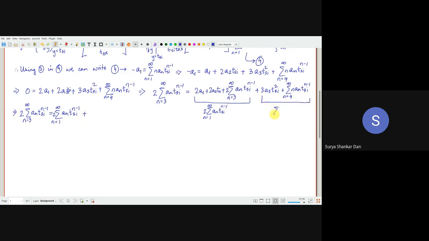We can write here summation n equal to 3 to infinity n a_n tsi to the power of n minus 1. If we put n equal to 3, it becomes 3a3, and this is tsi to the power 3 minus 1, that is 2. So these two become this. So I shall write that.